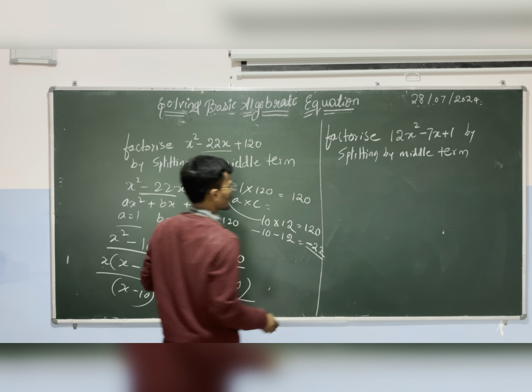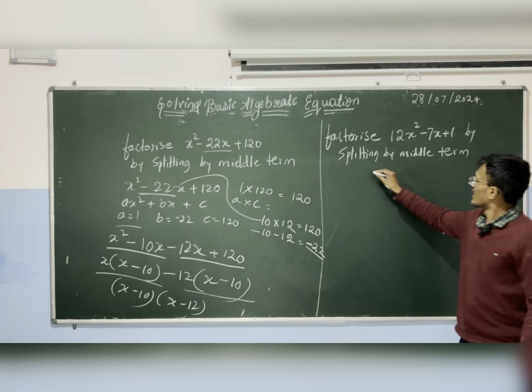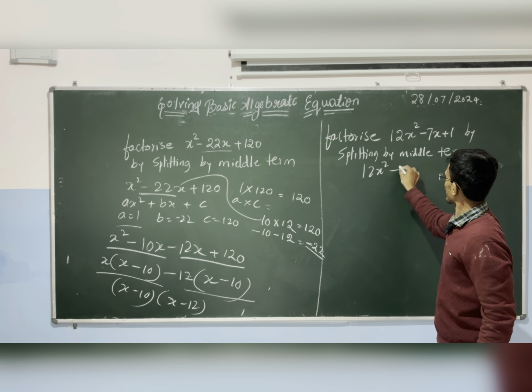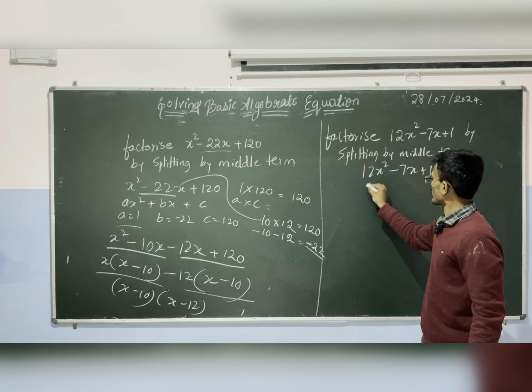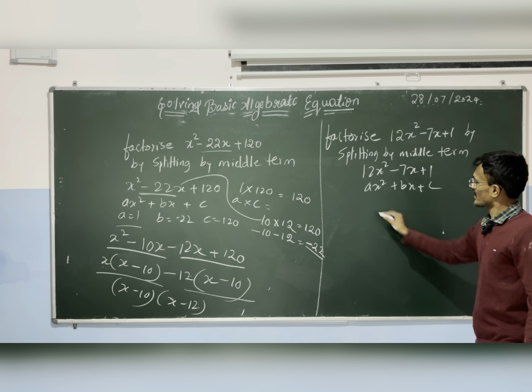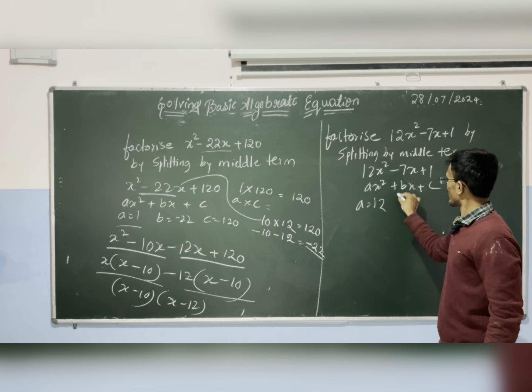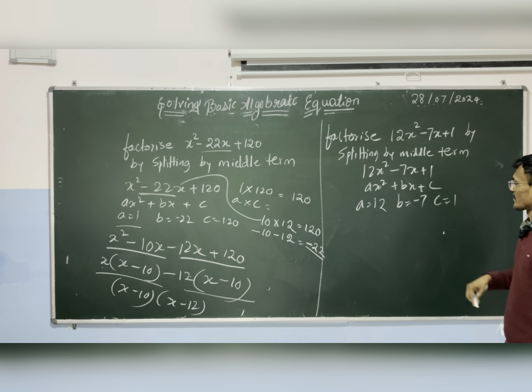Similarly, here is another equation to solve: 12x square minus 7x plus 1. According to the quadratic form ax square plus bx plus c, a is 12, b is minus 7, and c is 1.